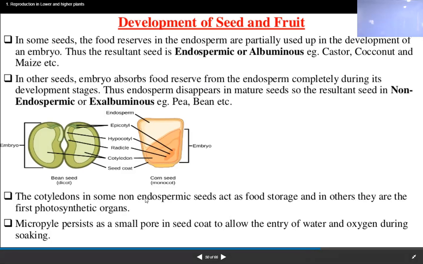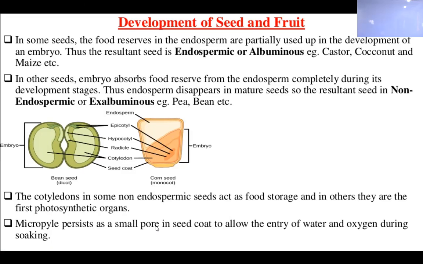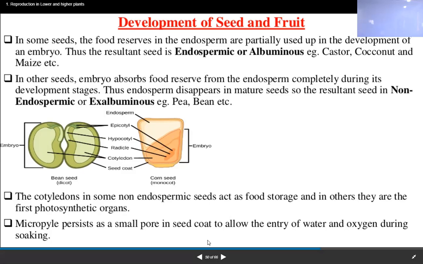The cotyledons in some non-endospermic seeds act as food storage, and in others they are the first photosynthetic organs. Micropyle persists as a small pore. I told you it is the opening through which the pollen tube enters. So in the seed coat it allows the entry of water and oxygen during germination.